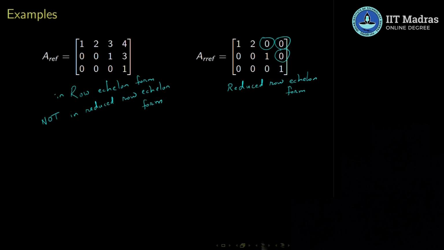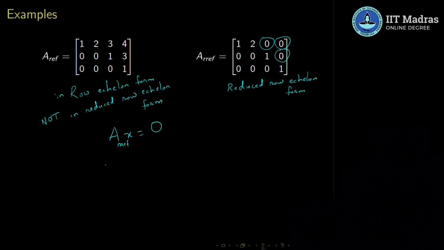Okay. So let us do the analysis that we did in the example that we saw earlier in this video. Let us ask, what is the set of solutions for this. So if we want, let us say, Ax is 0, A in reduced row echelon form, x is 0, what do we do?